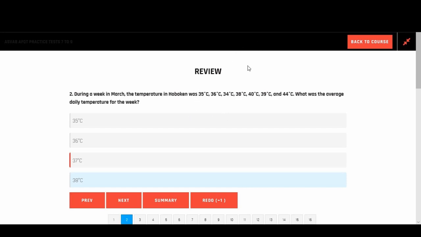So to find the average, I like to remember it this way. Average equals the sum of all the observations over how many observations there were. In this case, it's going to look like this.